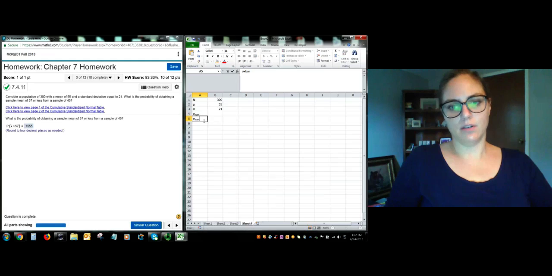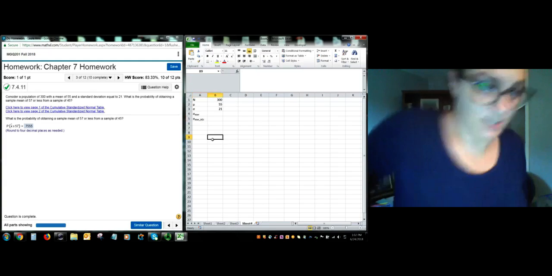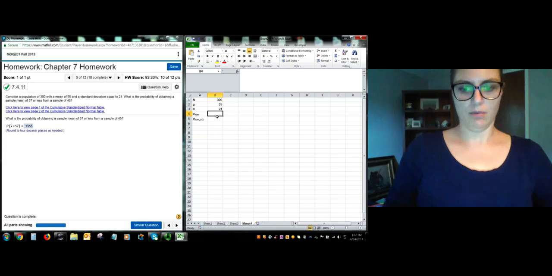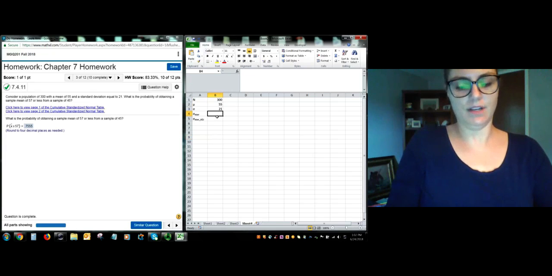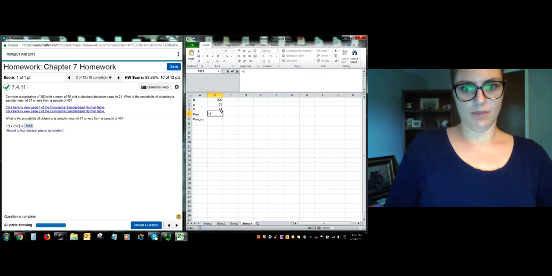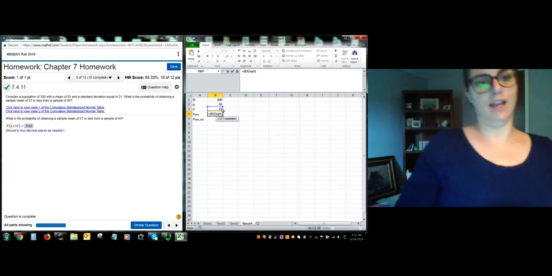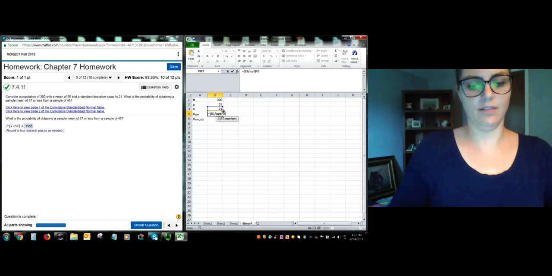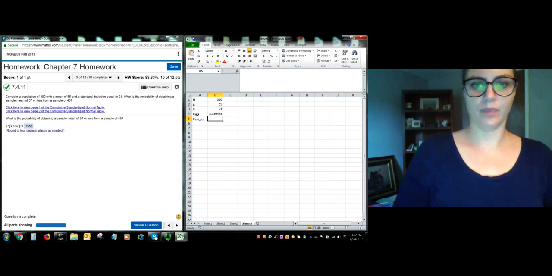And this I'm going to use as the standard error of the mean that's adjusted for the finite population correction factor. So remember that the standard error of x bar, of the mean, is simply the standard deviation divided by the square root of small n. And in this case, we have a small n of 45.